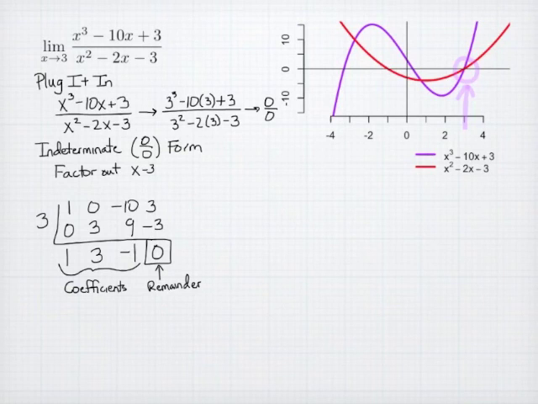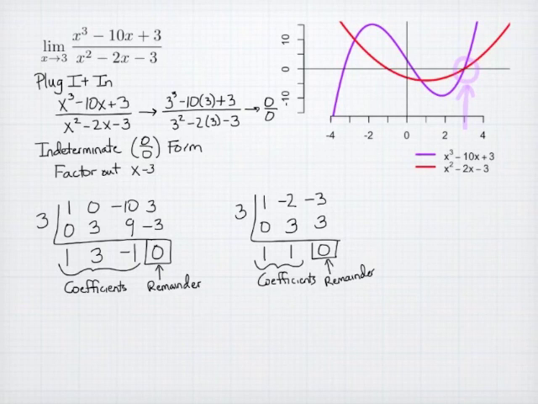We will now do a similar factoring of x squared minus 2x minus 3. The coefficients of x squared minus 2x minus 3 divided by x minus 3, a root at 3. Again, we have a remainder of 0, and we have the coefficients of our other factor.